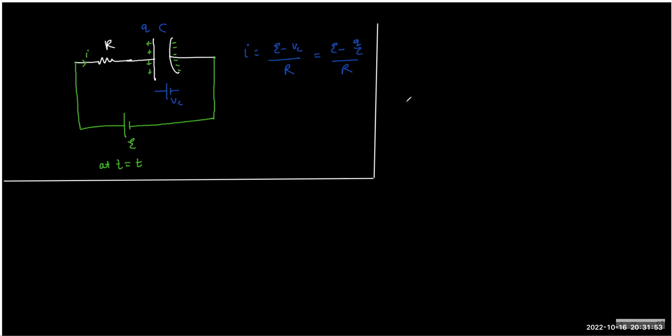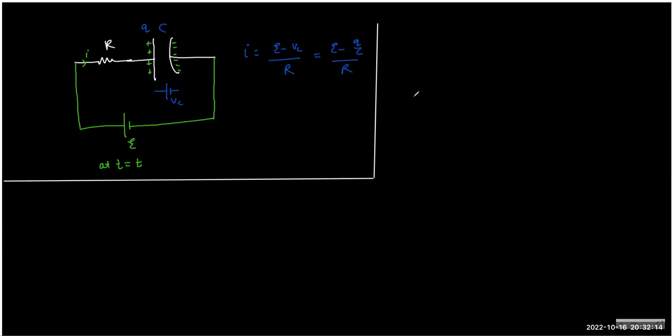Zero. Now, what does it mean? That is called the steady state or equilibrium state of the circuit. The charging has been completed.